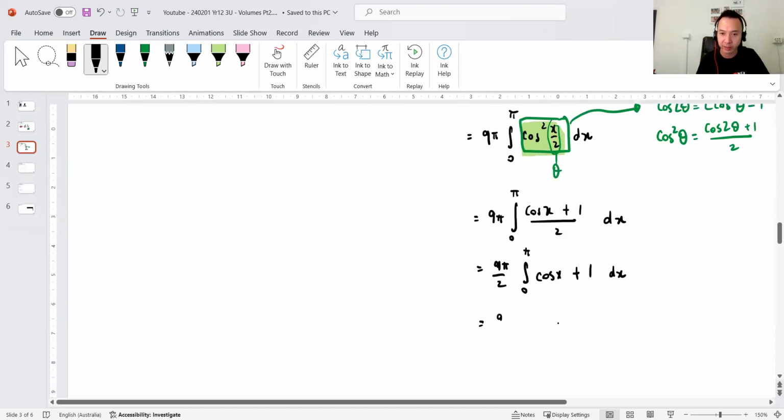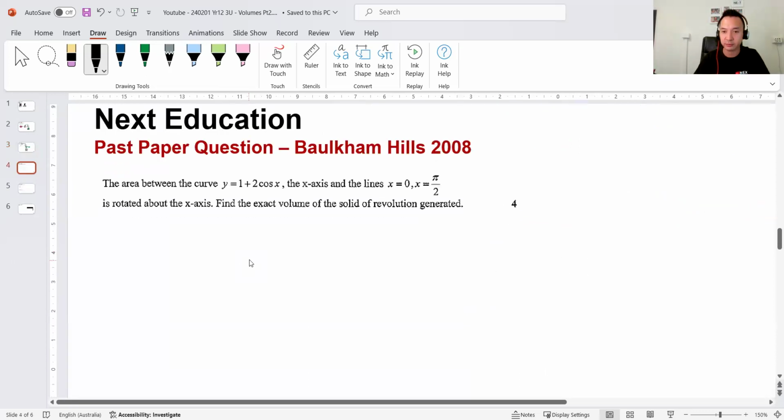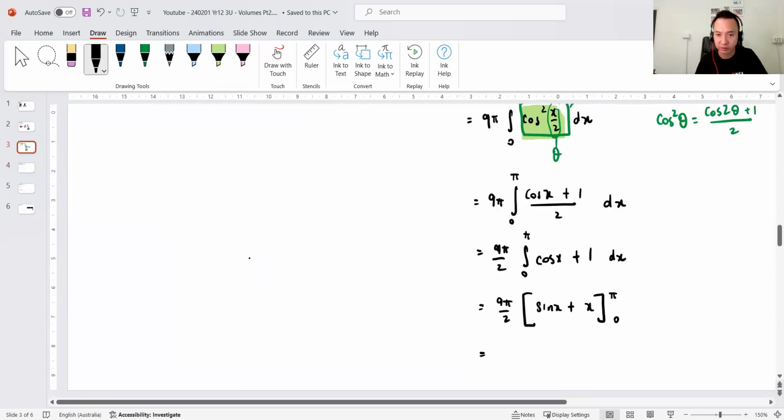Because then my integral becomes: integral of cos is just sine, integral of 1 is x, between pi and 0. And then sub in your limits, 9 pi on 2. So sine pi, which hopefully you guys know is 0, plus pi.